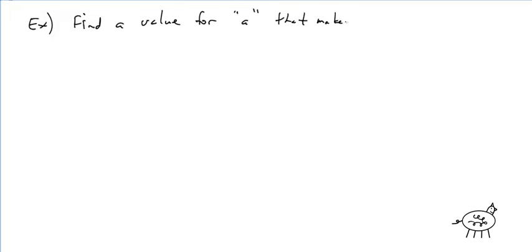The next type of example says: find a value for a that makes the following function continuous.